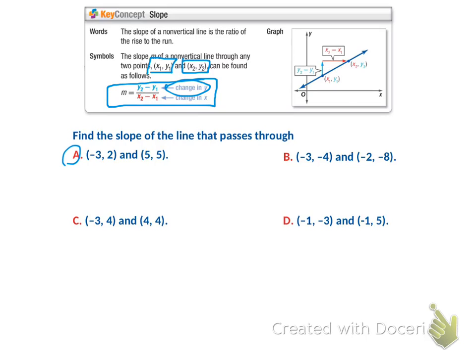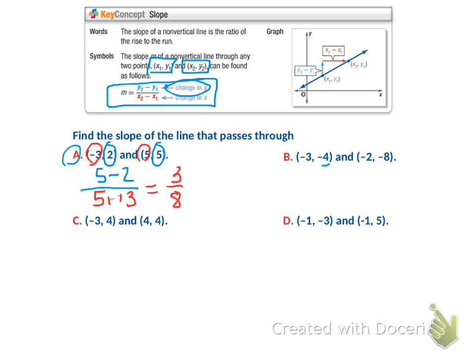So in letter A, my y values are 2 and 5, so I can do 5 minus 2 over my x values, which are negative 3 and 5, so I can do 5 minus negative 3. And when I solve this, 5 minus 2 is 3, and 5 minus negative 3 is 8. So that means my slope is 3/8. Pretty simple. Let's try another one.